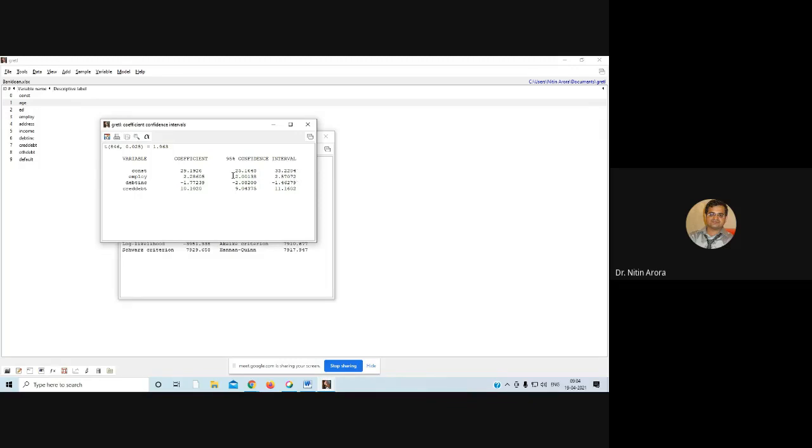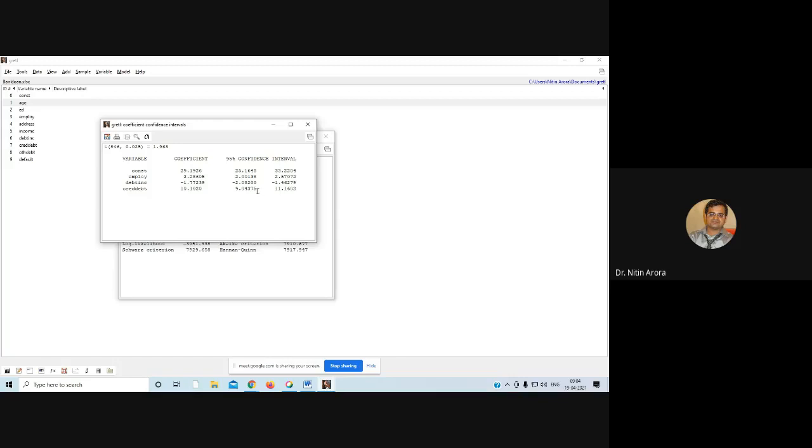Many times, whenever you submit a paper to journals, reviewers are interested in knowing these confidence intervals. They are not interested only in your coefficient value. These confidence intervals are very helpful, because if your confidence interval is, suppose, from minus 2 point something to 1 point something positive, it means this confidence interval includes zero.